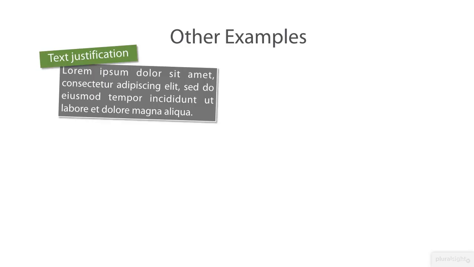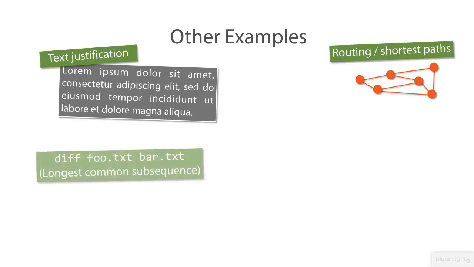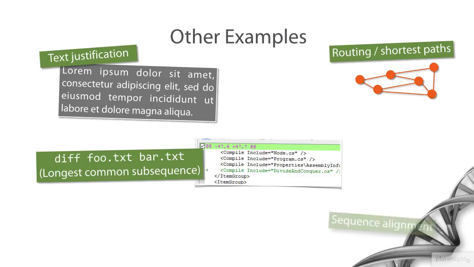Dynamic programming can also be used to construct optimal routes in a network. The diff command, heavily used by many programmers, uses dynamic programming to deduce the difference between 2 text files. Dynamic programming can also be used to match DNA sequences efficiently.